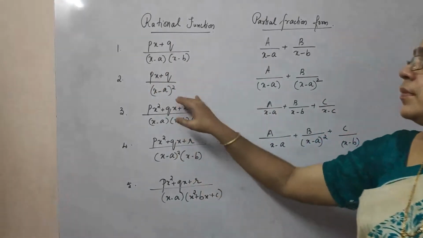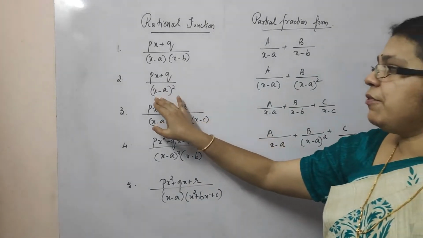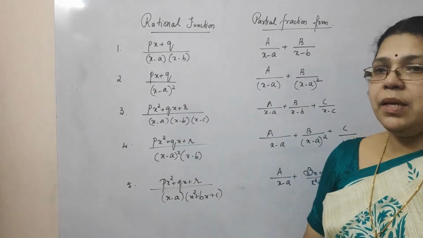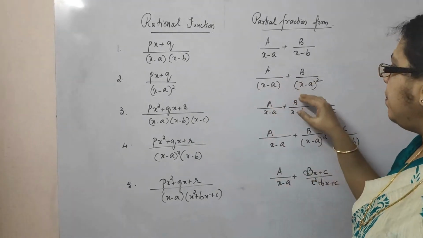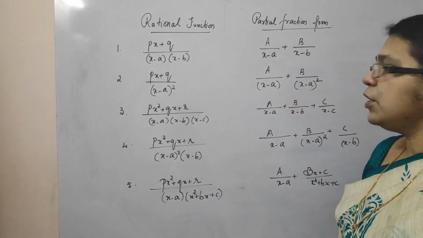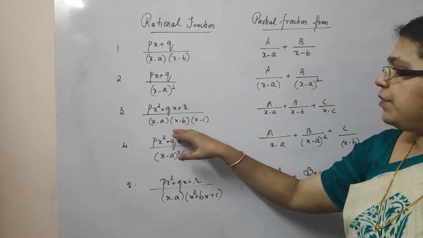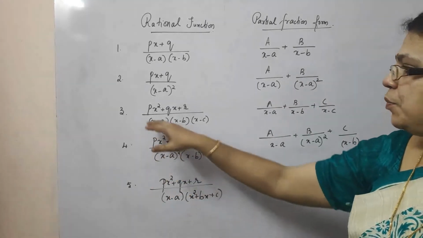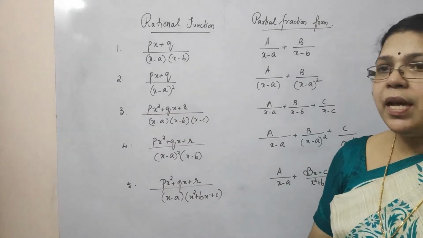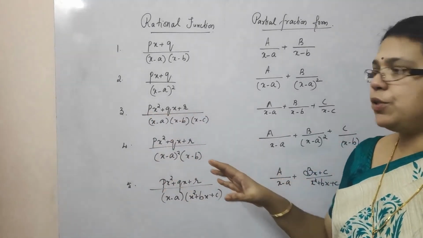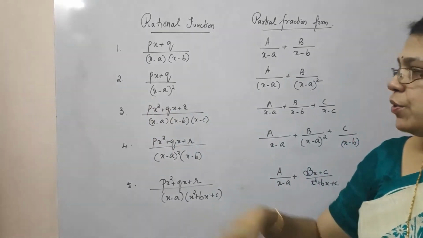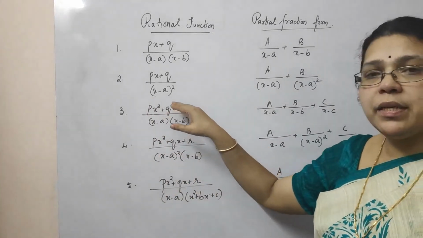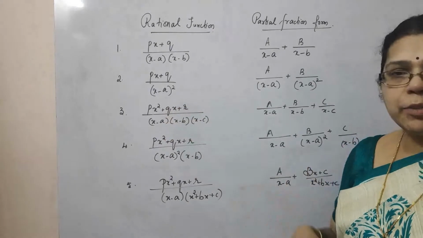Okay. Now, in the second case, when the factors are the same, we will write the expression as A by x minus a plus B by x minus a the whole square. Then, if the numerator is a quadratic expression, or if it is px plus q also, it's fine, because when the coefficient of x square is equal to 0, the numerator reduces to the form of px plus q.